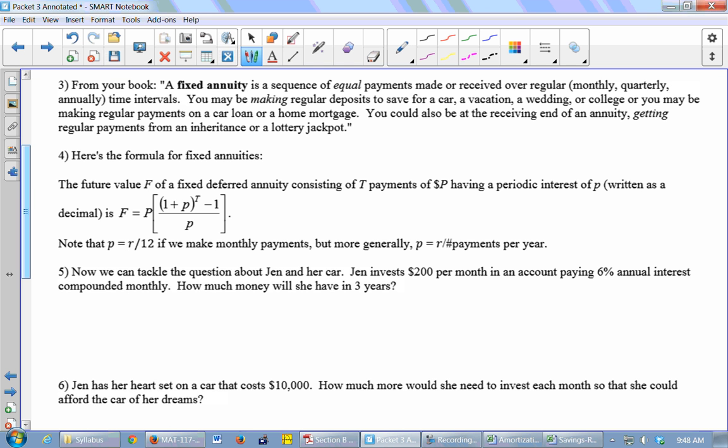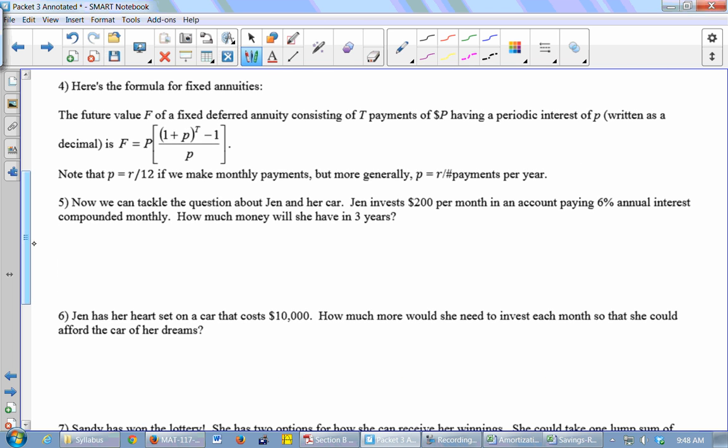All right, so here's the formula for fixed annuities. The future value of a fixed deferred annuity, where you're going to get or make T payments, each one being P dollars, and P is your monthly payment.